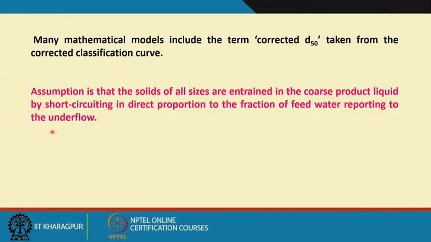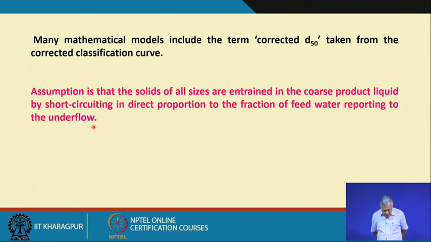The mechanism, they have said, is short circuiting: part of the feed enters and bypasses the classification chamber, reporting through the underflow along with the water. That means they are not being classified, and the amount of this material is directly proportional to the feed water reporting to the underflow.